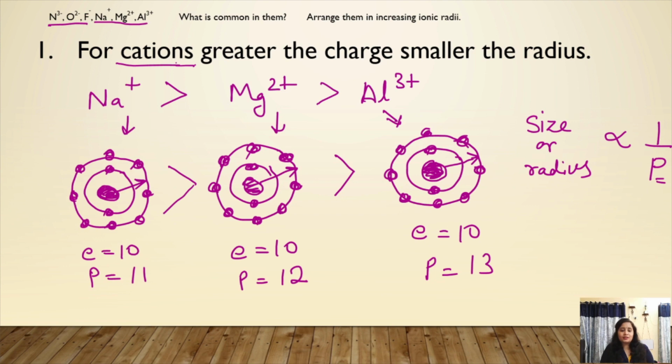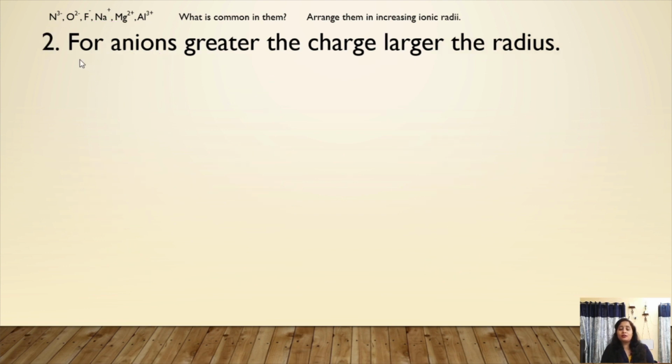Now, let's jump to the anions and see what is going on there. The second rule for anions is, for anions, greater the charge, larger the radius. So first we write the anions over here. First anion we have is N-3.